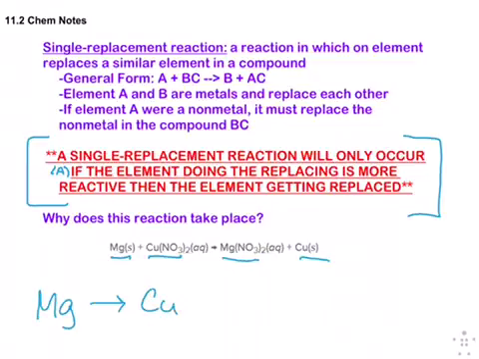So based on your knowledge of reactivity, is magnesium more or less reactive than copper? Is it farther to the left or the right? Left. It's farther to the left. It's more left, so it is more reactive. With metals, your most reactive elements are towards the left. So since magnesium is more reactive than copper, yes, this reaction will happen.